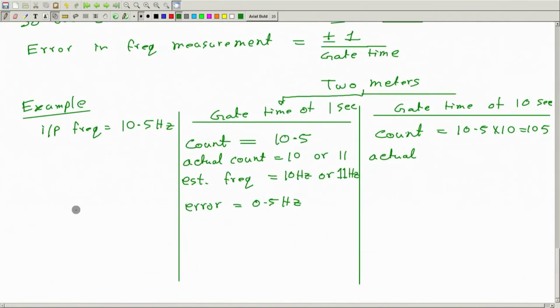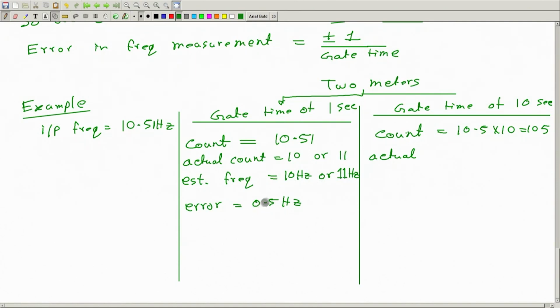But okay, let me change this example a bit to make it more clear. Let me say that the true frequency is 10.51. Then in this case the count should be 10.51, but it will come out to be 10 or 11. So, the estimated frequency will be 10 hertz or 11 hertz.